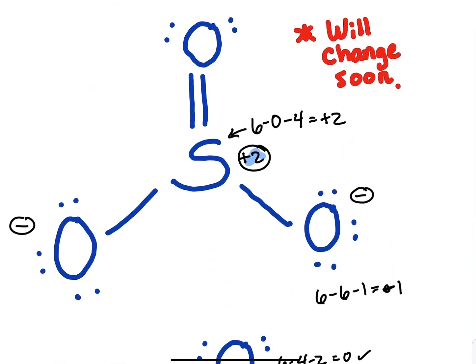So this sulfur comes with 6, and it's got 1, 2, 3, 4 things attached. You can tell this is not good. Really not good. We need to fix it. And this oxygen is 6 minus 1, 2, 3, 4, 5, 6 things attached, which is 0.